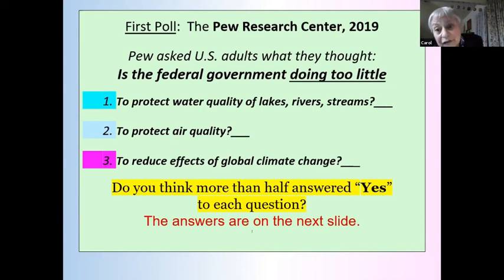Maybe people in California would have an opinion about that. Or is the federal government doing too little to reduce the effects of global climate change? And our question is, how do you think people answered? Do you think more than half the people said, yes, I think the federal government is doing too little? Well, would you like to see what they found out?